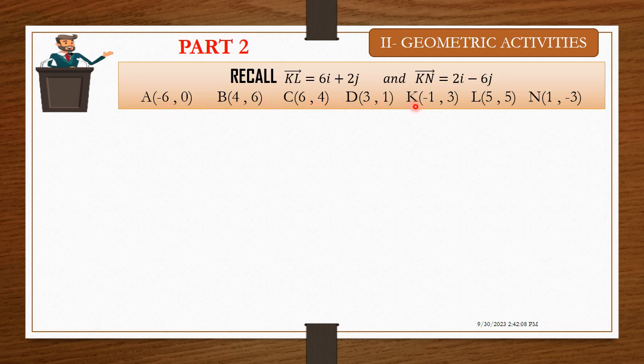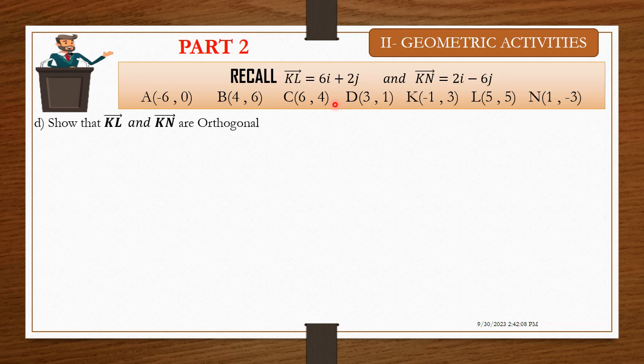We calculated K, the midpoint of line segment AB, and L, the midpoint of line segment BC, and N was given to us. We are going to use these points and vectors to continue our solution in D, so you know where the points are coming from.